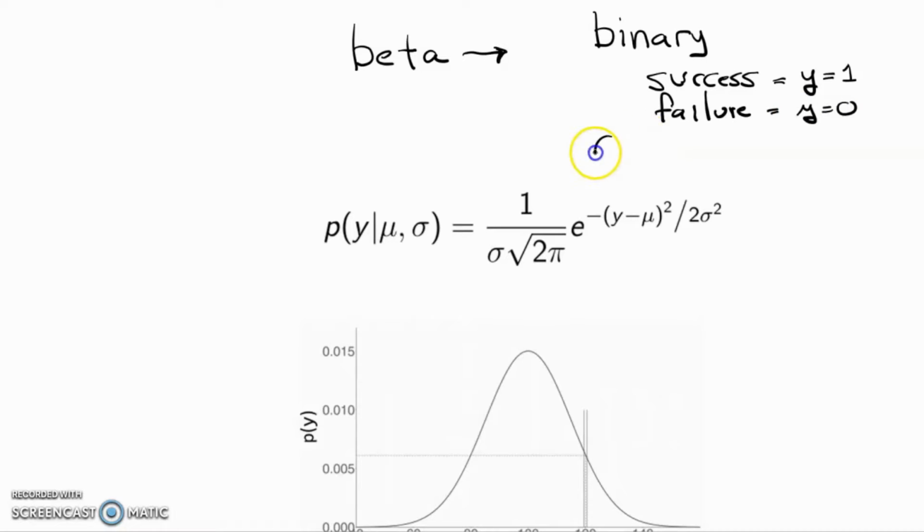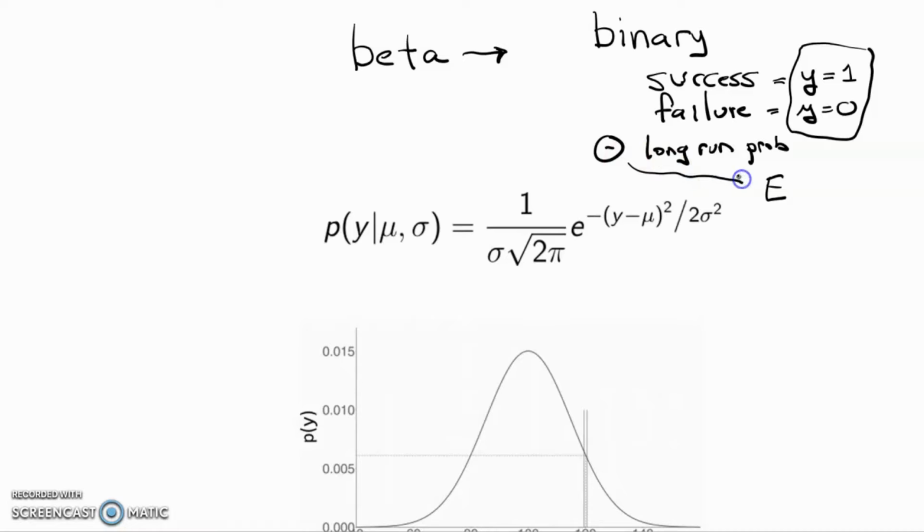And we're going to have a parameter theta, which is the long-run probability of a whole bunch of 1s and 0s. We can think of theta as being the expected value of the random variable y, when y can be either 1 or 0.